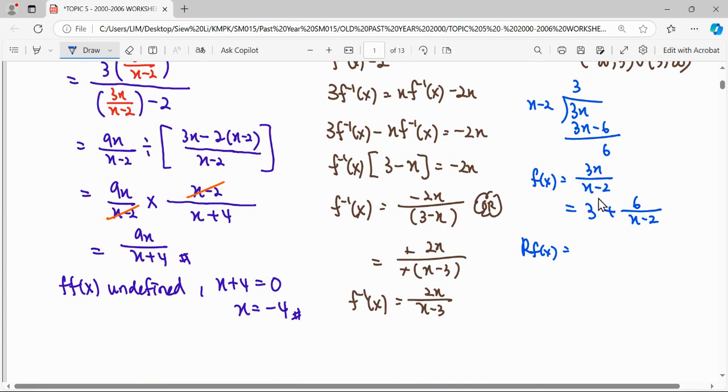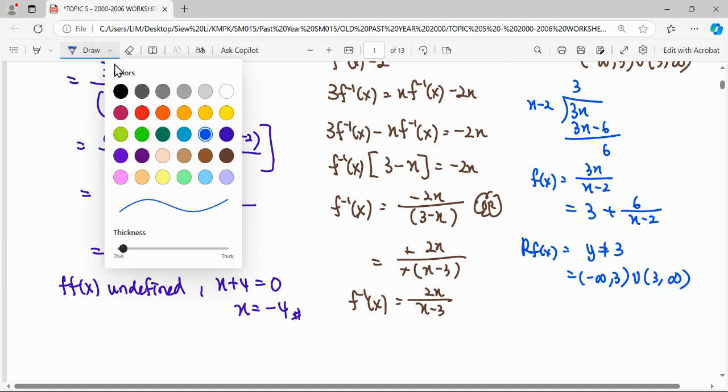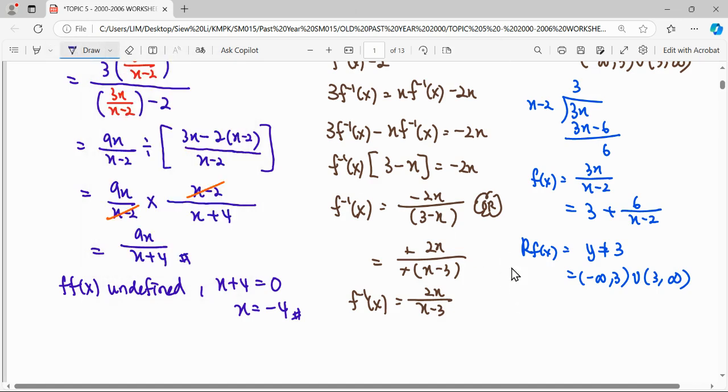So this is the rational case. We ignore the rational part, and you can see the value here is 3, meaning your range will not equal 3. Therefore it will be negative infinity to 3, union 3 to infinity. So from here we can also answer that the domain of f inverse refers to the range of the function.